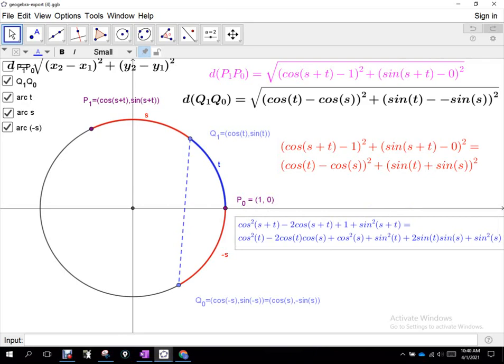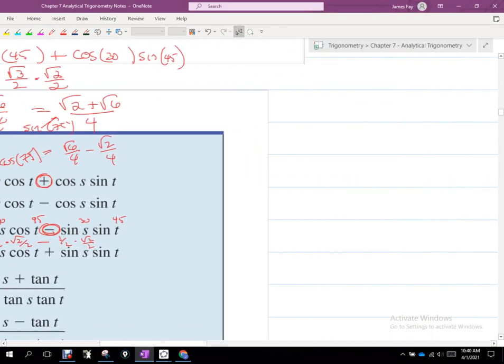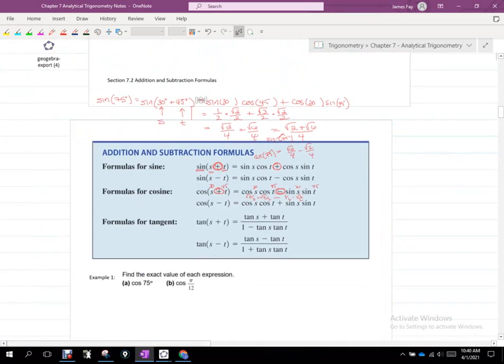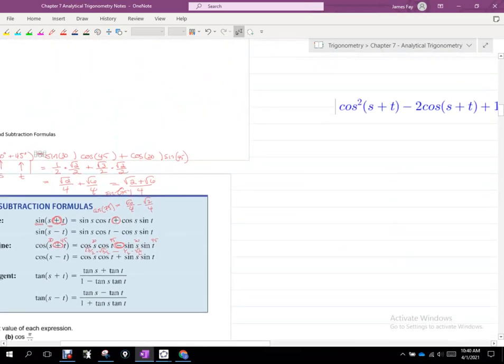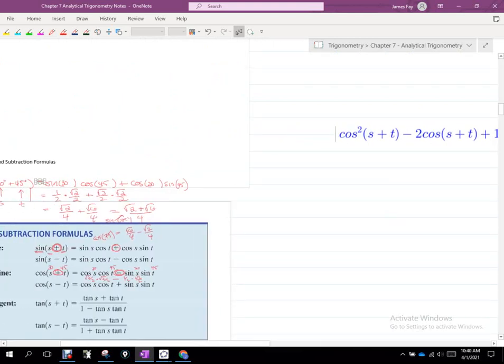Okay? And now we're going to use that. I've already got it cut out over here somewhere. What in the world?